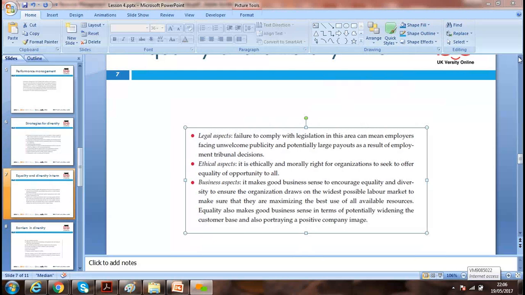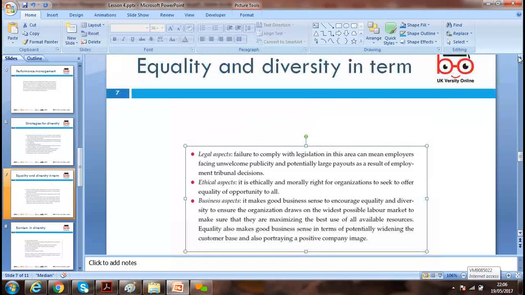Next, when we are looking at equality and diversity, we need to focus on three areas. Equality is one thing, a legal aspect. If we don't comply or fulfill it, we are going to be penalized and it could be fined as well. Like in the UK, a couple of companies have been fined for not paying fair wages. If you are in the same management role, the female gender pay gap is quite a big area of discussion nowadays.